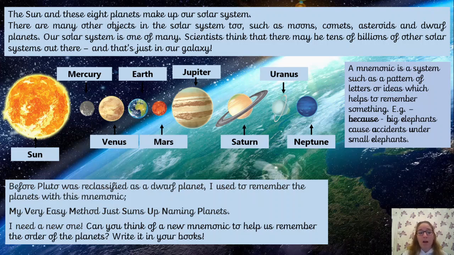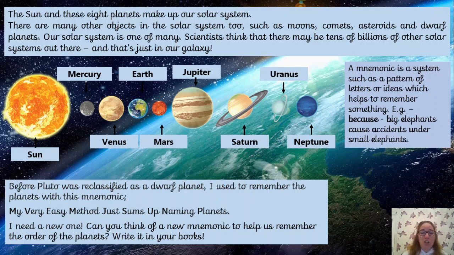Now, I used to say, my very easy method just sums up naming planets. Because we had Mercury, which was my very easy method just sums up naming. And then Pluto went. Okay, Pluto was reclassified as a dwarf planet, so now I haven't got a P for Pluto. So I need a new mnemonic.